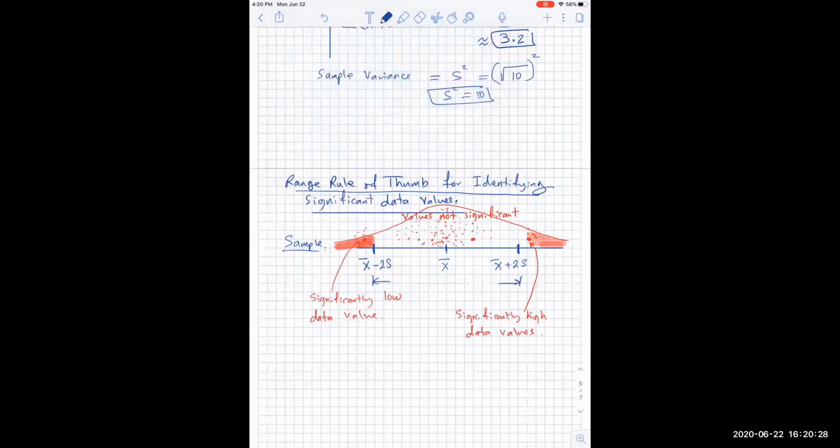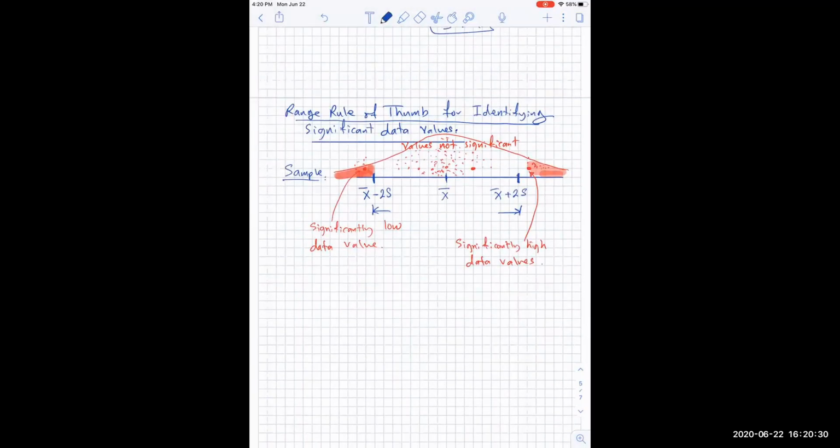And one more thing from this section, we have what we call the empirical rule, the empirical rule for data with a bell-shaped distribution.